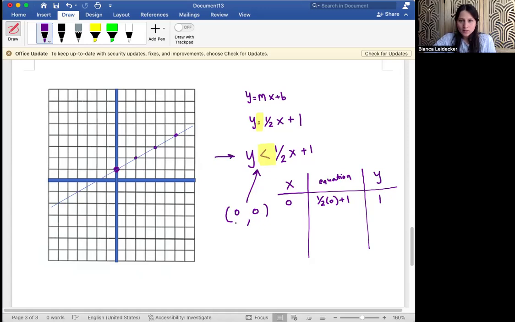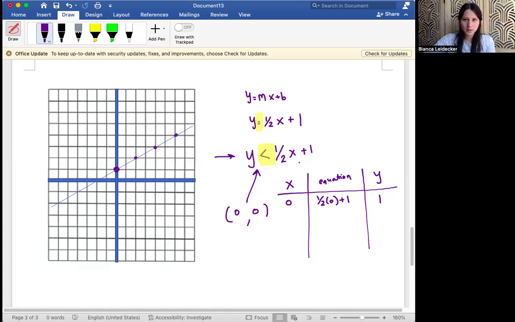When I replace it, is it in fact greater than what comes out in my equation?